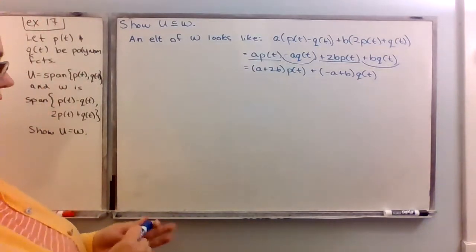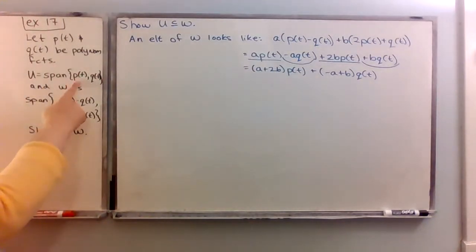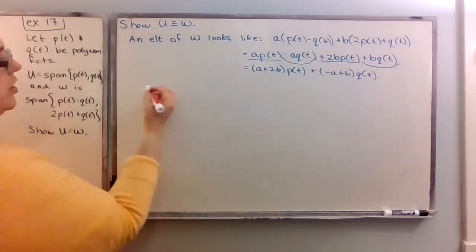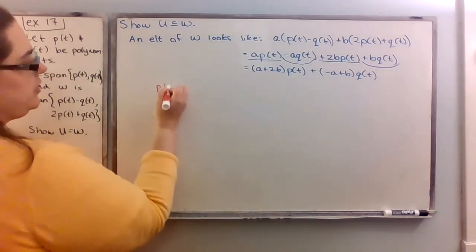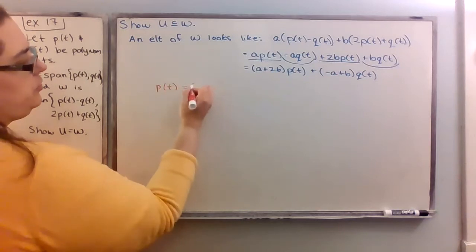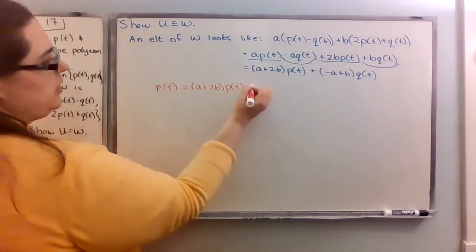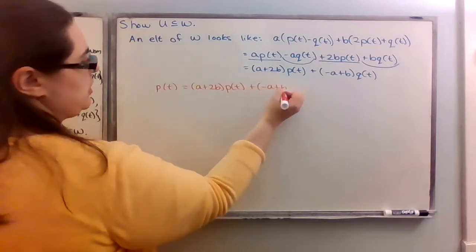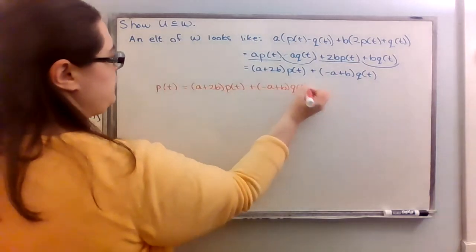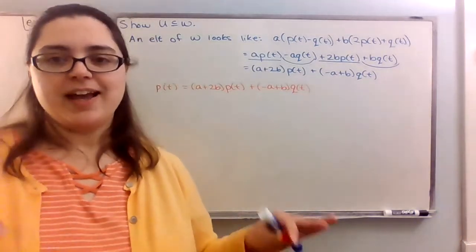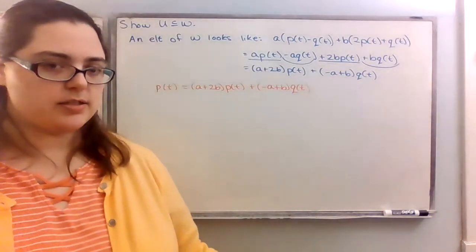So that's what a linear combination in W is going to look like. We have to check to see if P of T is there and if Q of T is there. So let's check P of T first. If I have P of T equal to A plus 2B times P of T plus negative A plus B times Q of T, this is really similar to when we're looking at polynomials and we have x squared, x, and then the constant term.